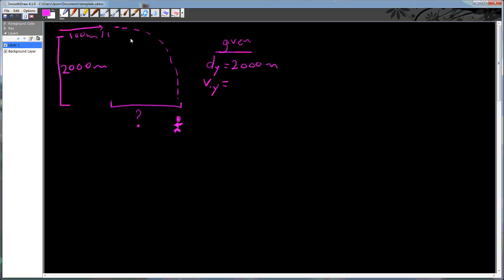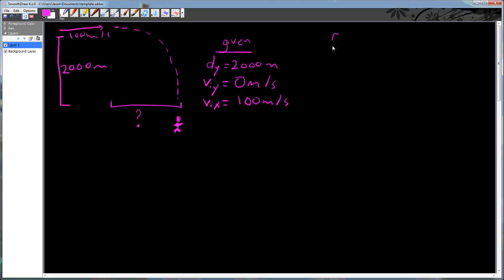It's horizontally launched. There's no vertical component. So our VIY is 0 meters per second. What else do we know? We know our initial x velocity, our VIX, is 100 meters a second.